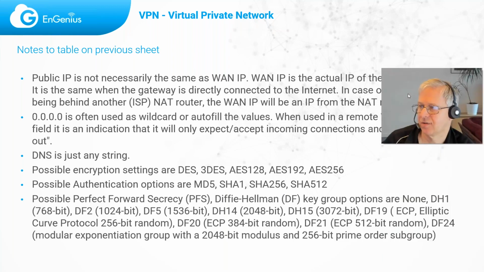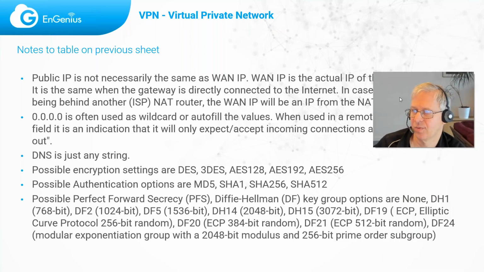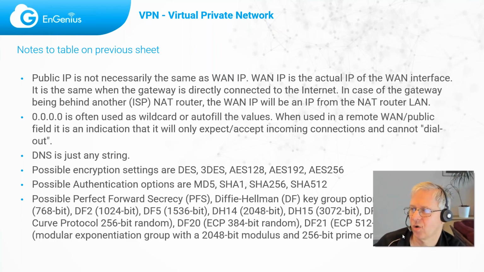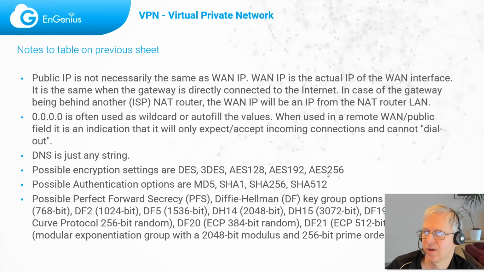And we also have what's called perfect forward secrecy. There are many different groups, and again, higher is better, but maybe it's not all supported by your device, so you have to choose what you have.